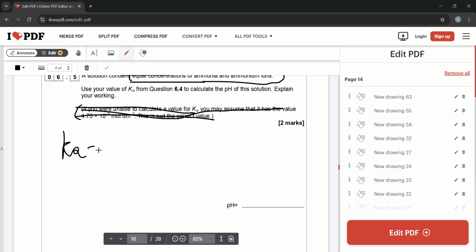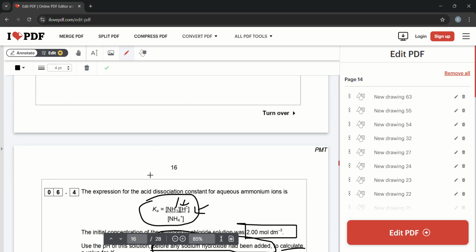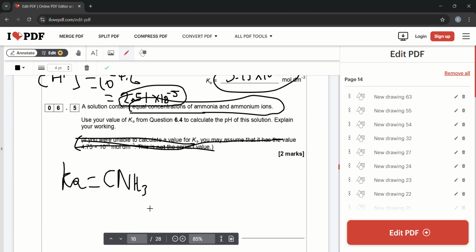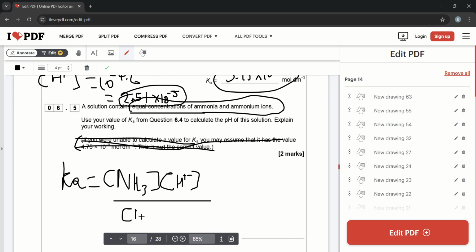Ka equals NH3 times H plus over NH4 plus.